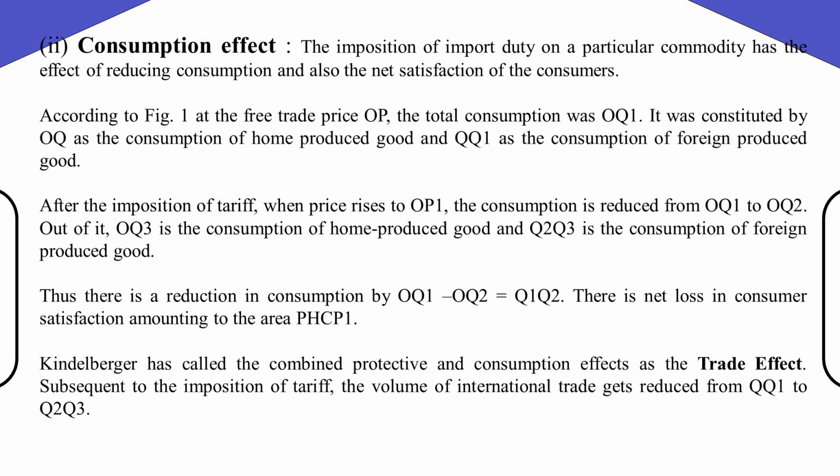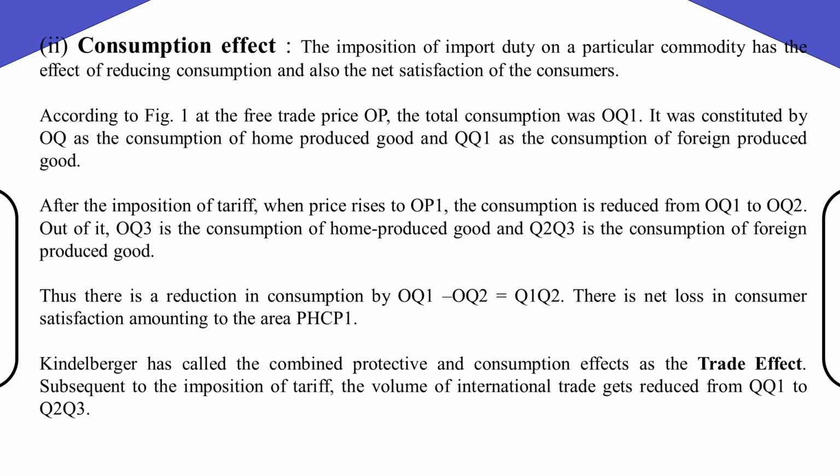The imposition of import duty on a particular commodity has the effect of reducing consumption and also the net satisfaction of the consumers. According to the above figure 1, at the free trade price OP, the total consumption was OQ1. It was constituted by OQ as the consumption of home produced good and QQ1 as the consumption of foreign produced good.